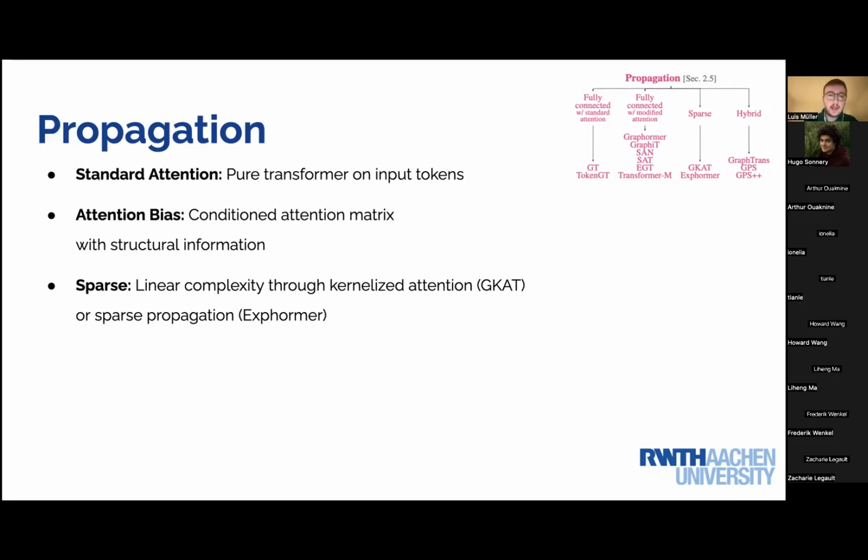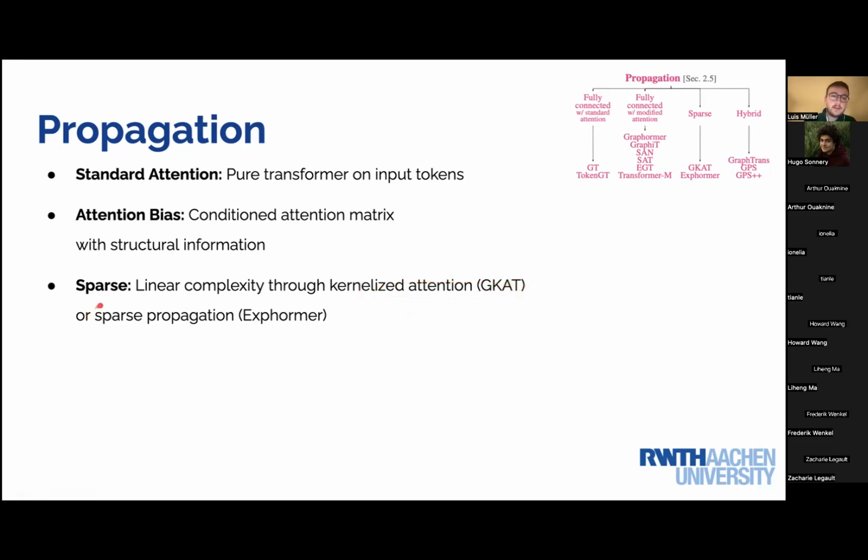Then there's also been explorations to go back to the roots of GNNs and again do sparse attention, so not do the full n by n attention that, as we know, is very costly. So there's been kernelization approaches, and there's also been ways to apply the Performer, the linear attention Performer, to graphs. That has been done. There are different techniques that are more specific to graphs, such as this one.